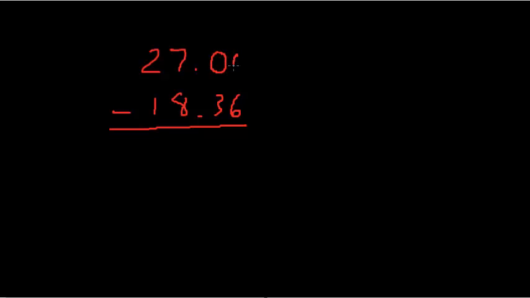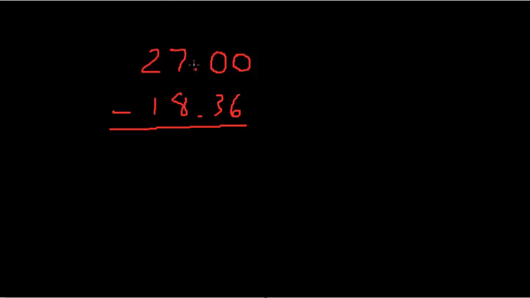Say instead now I have 27 and I'm going to subtract from it 18.36. Okay, again here I definitely need to add those zeros after the decimal point so that when I go to borrow, I have something to give it to so that I can subtract correctly here.